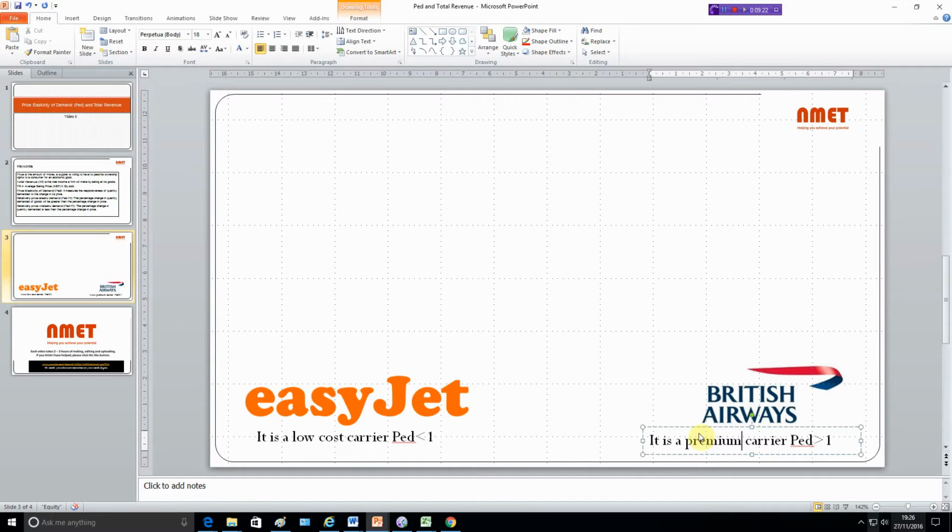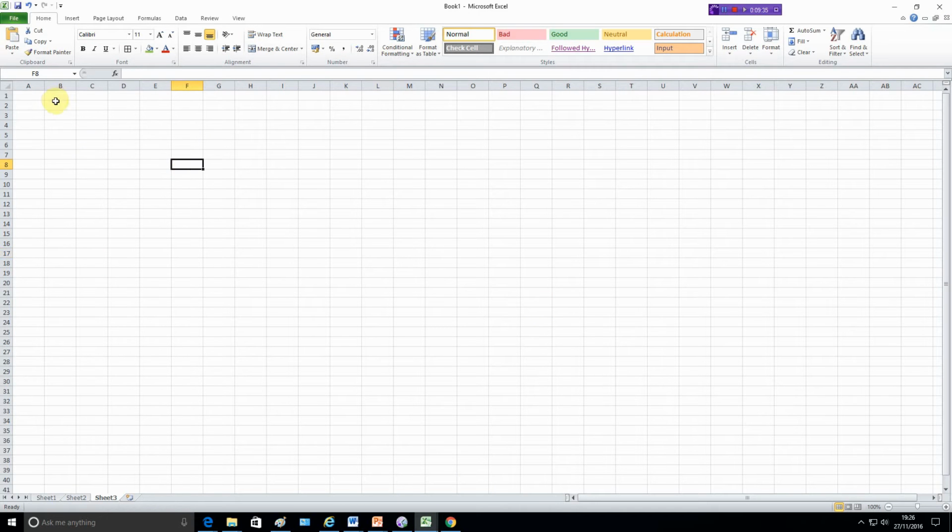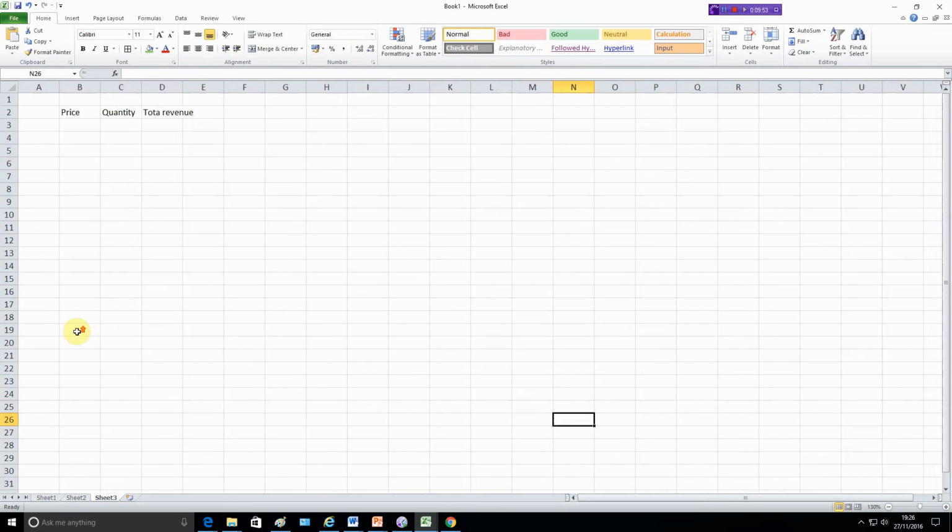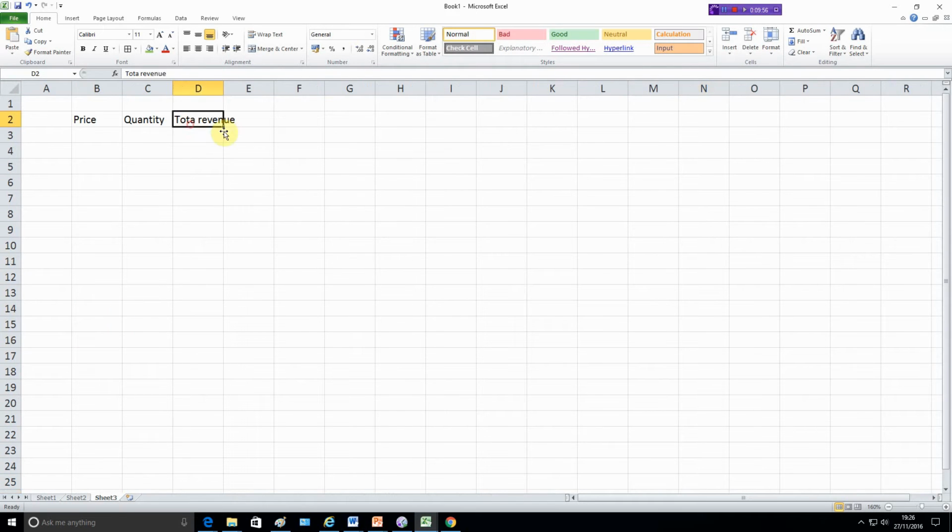Okay. Now, what we'll do is we'll consider how EasyJet and British Airways can make use of their respective PEDs to set their prices. I'm going to use a spreadsheet to demonstrate this. So we'll say price, quantity of goods sold, and total revenue. Let me zoom in so it becomes easily legible.